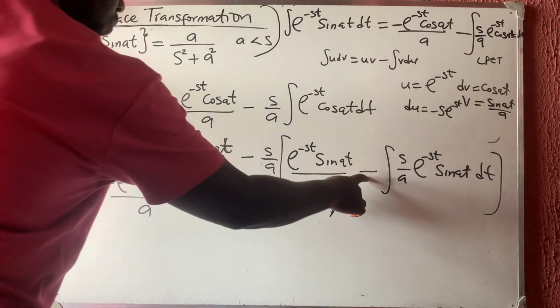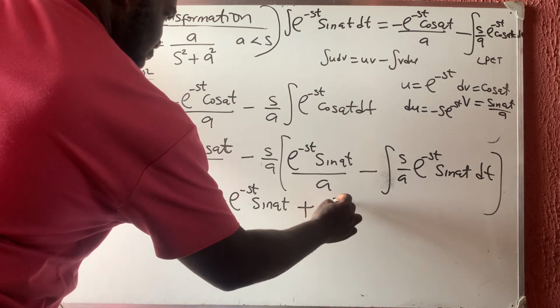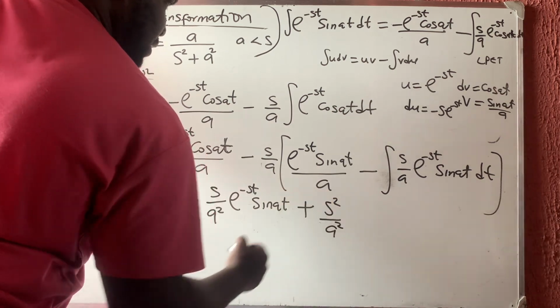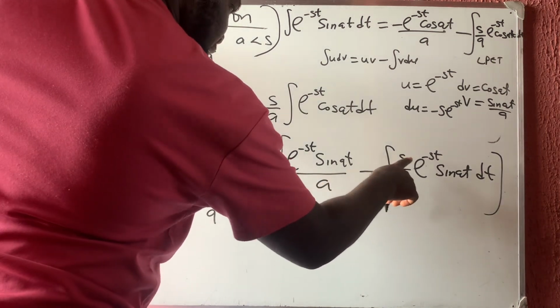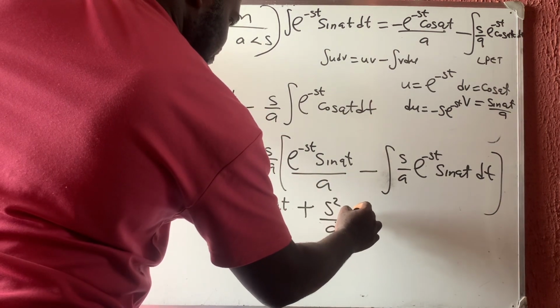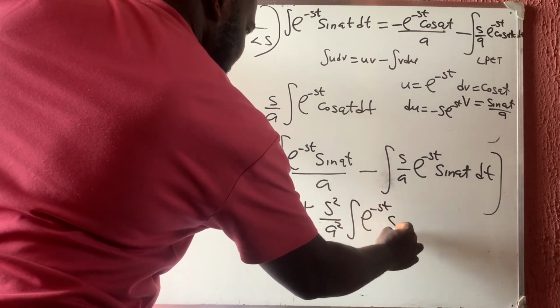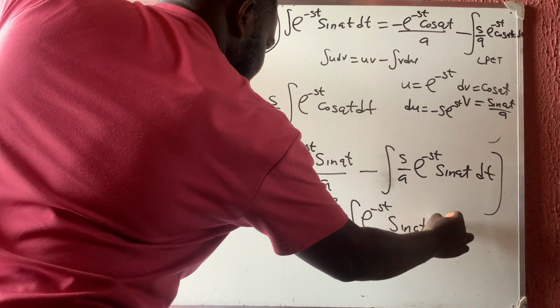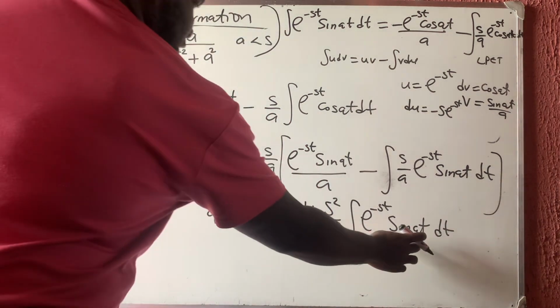This and this is going to give us plus s squared over a squared times the integral of e raised to power minus st sine at dt.